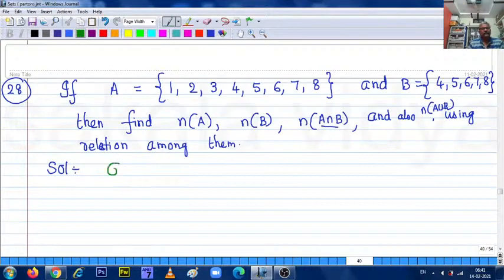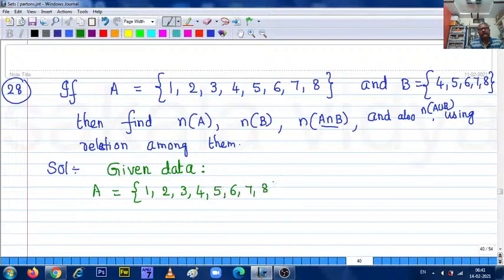So given data, A equals to 1, 2, 3, 4, 5, 6, 7, 8. B equals to 4, 5, 6, 7, 8.